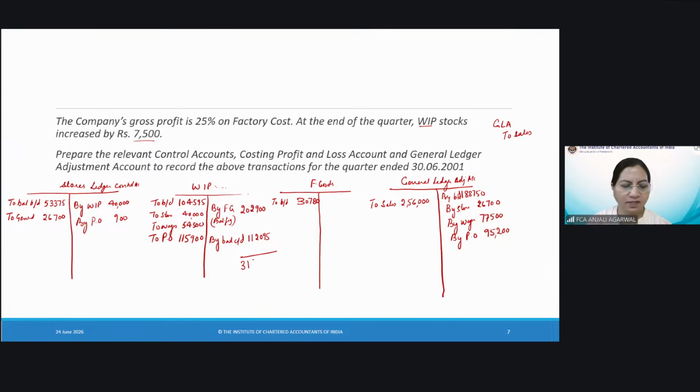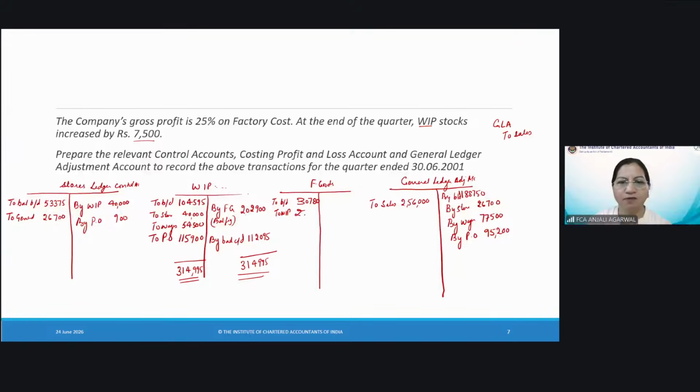The work in progress account is also complete now, 3,14,995. Right? So this finished goods will move to the finished goods account.